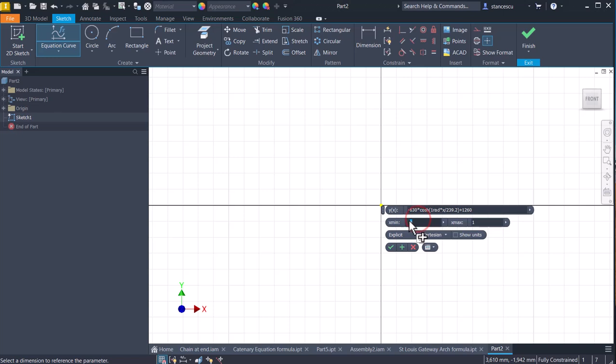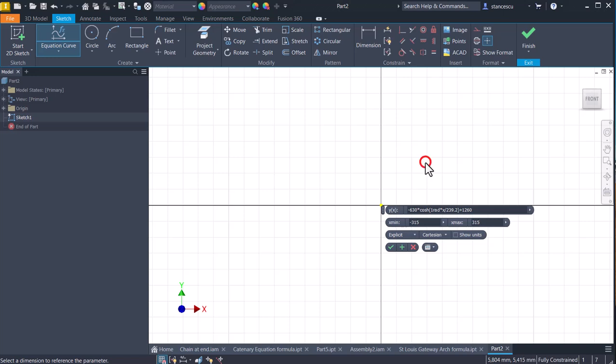The limits are minus 315 and 315 feet, half of 630, yes?